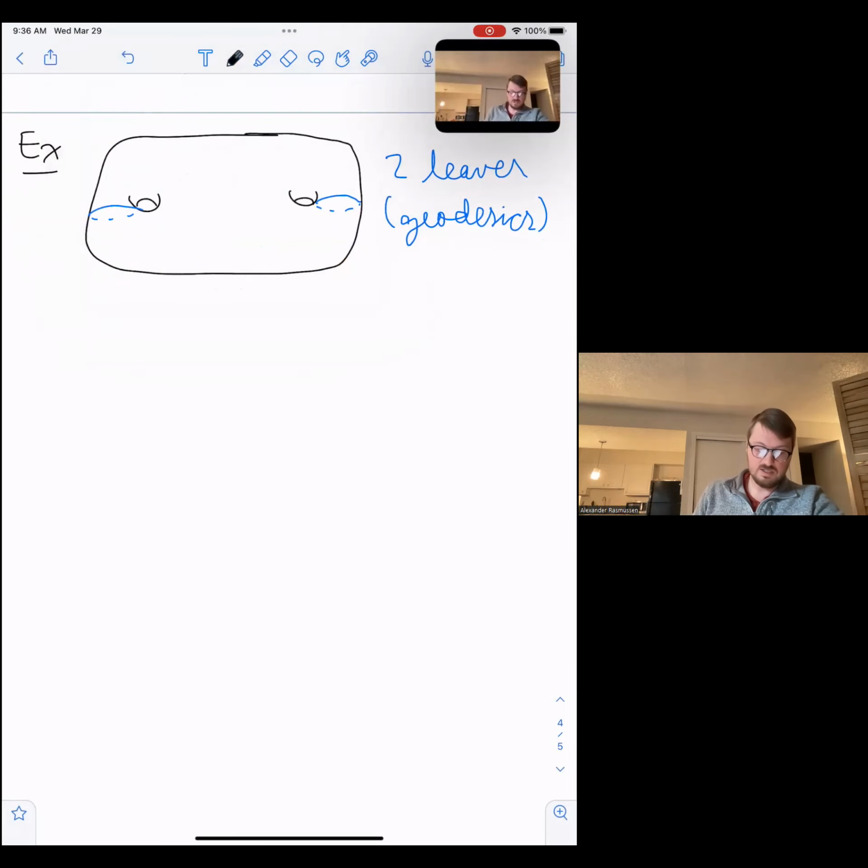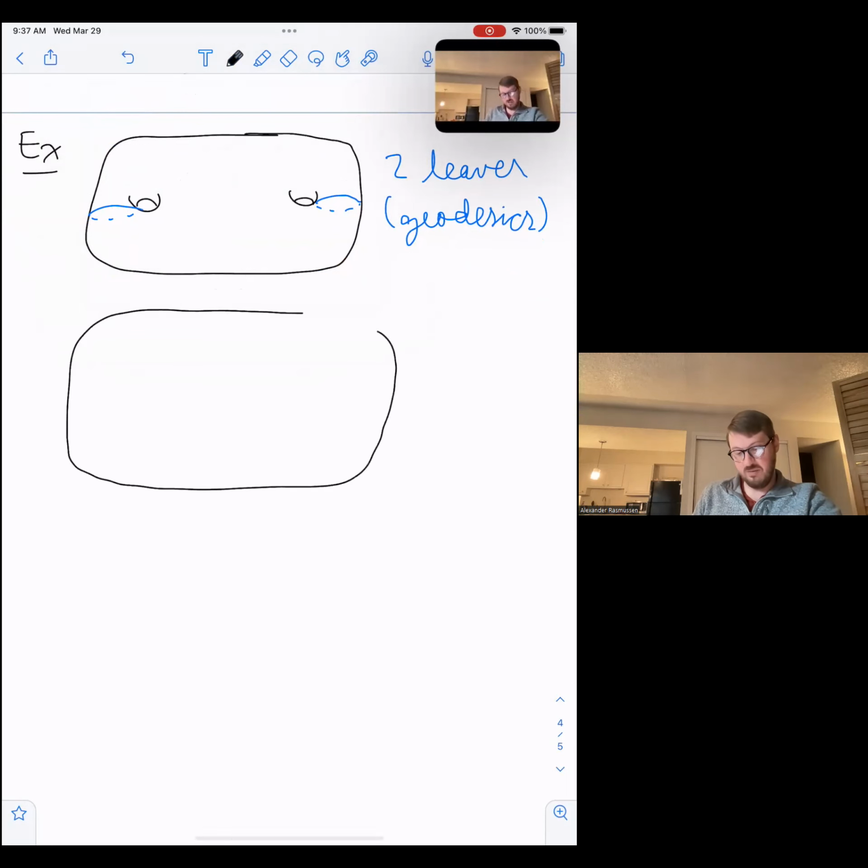Here's a cartoon picture of a geodesic lamination. Typically, laminations are significantly more complicated than this very simple example. They'll have uncountably many leaves, and they're very difficult to actually draw accurately.